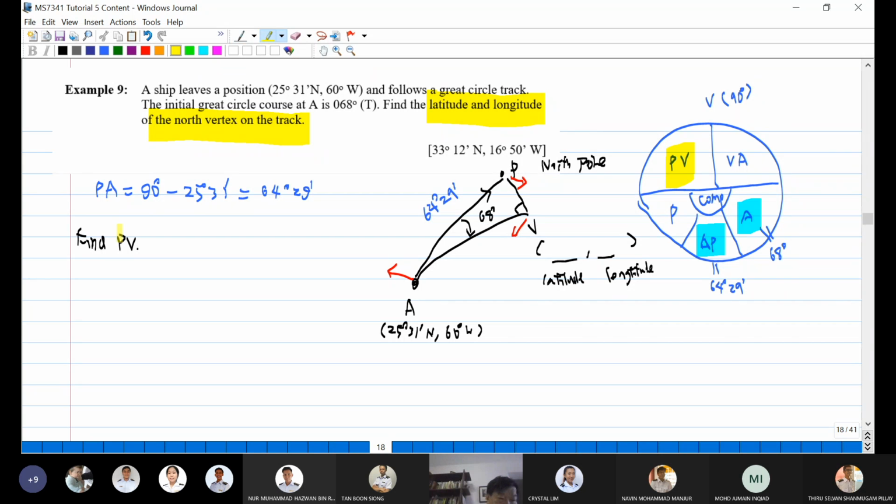So you can say that PV is the yellow one first. So Napier's rule, if you remember: sine of middle part is the product of cosine of opposite.